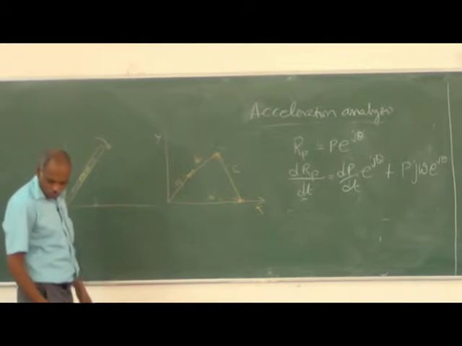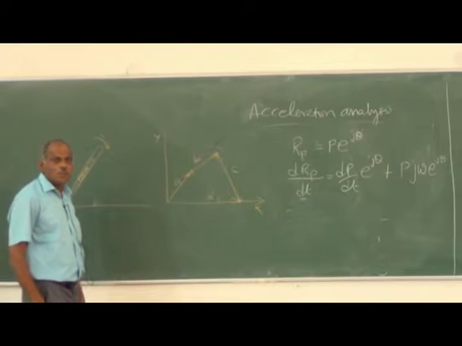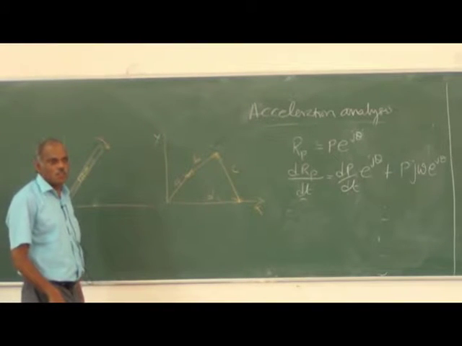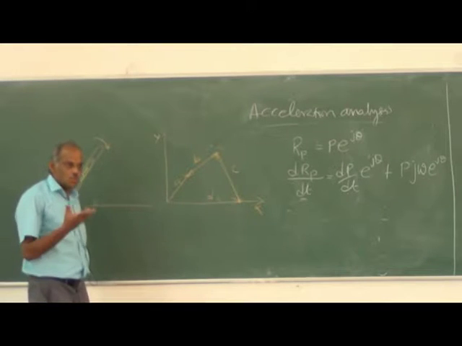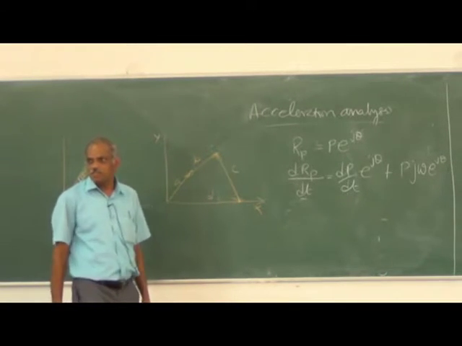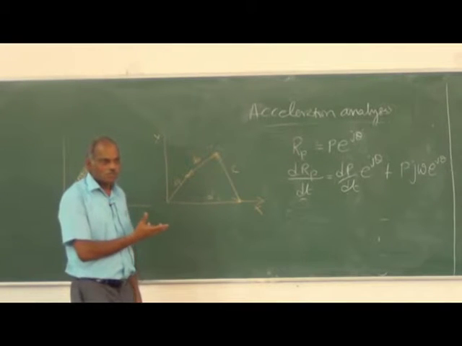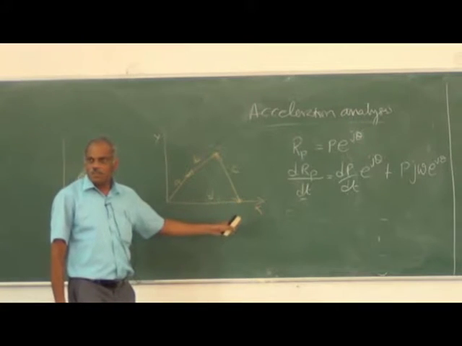We will take one class for Coriolis acceleration, because if you understand the Coriolis acceleration, only then will you be able to appreciate how a MEMS gyroscopic sensor, which is used in your cell phone to measure angular velocities, works. You will only come to know at that point of time.